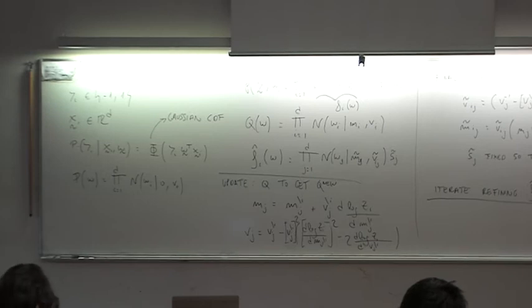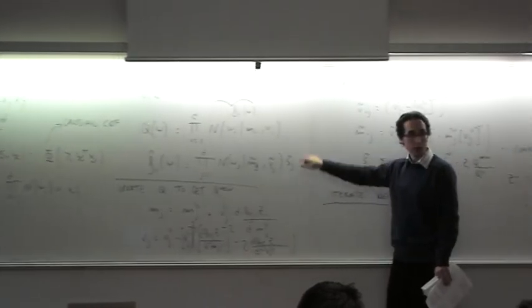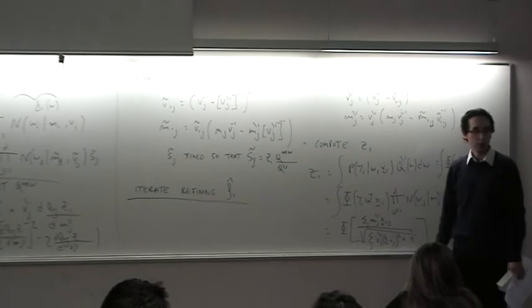Okay, and this would be the EP algorithm for probit regression, using a factorized approximation to the posterior. You iterate this until all the factors converge, and you get an approximation to the posterior.